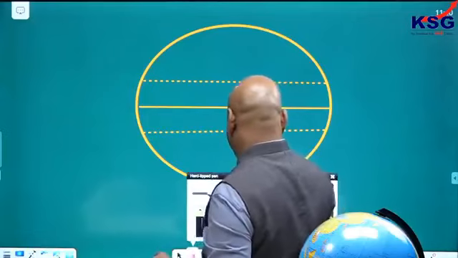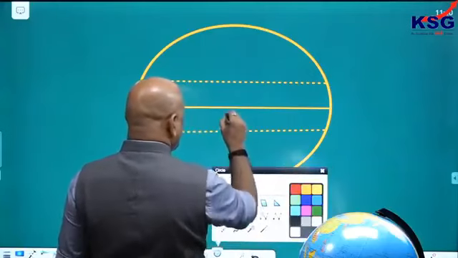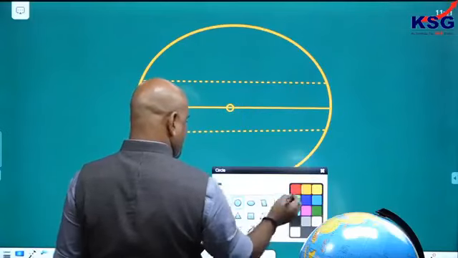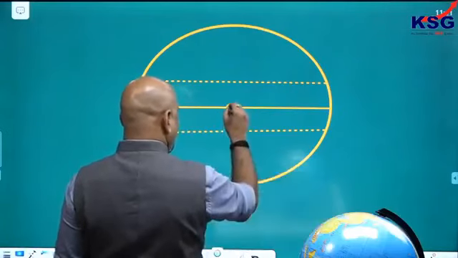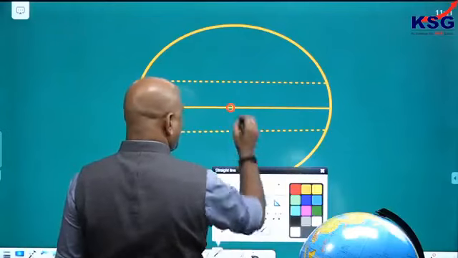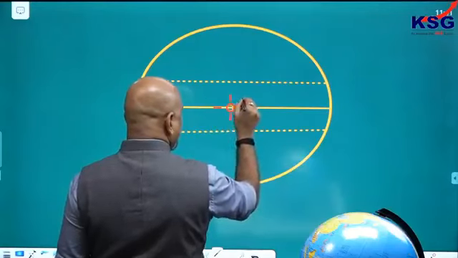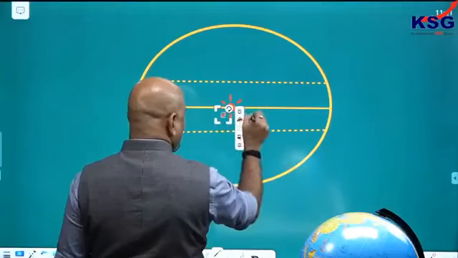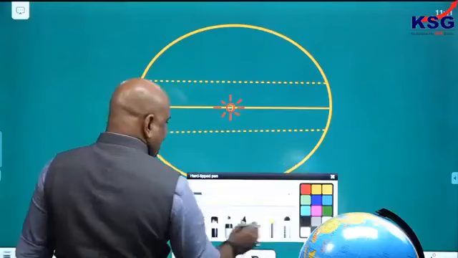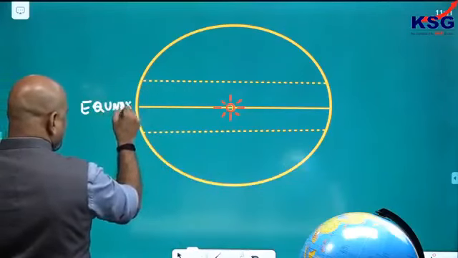While the sun is located here, this is called the equinox.